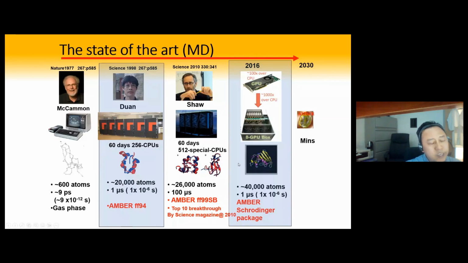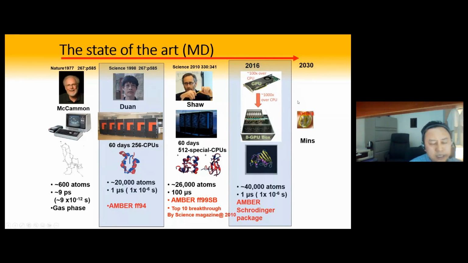Not everyone has the fortune to use this Anton computer. Well, we can use a graphics card. Using a graphics card, you can see we can simulate reasonable systems and get very good results. So I always tell my students, well, with computing power, you just sleep, do nothing. You wait, and it still follows Moore's law.